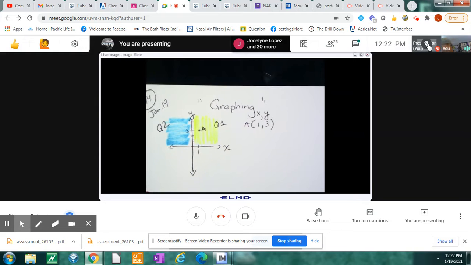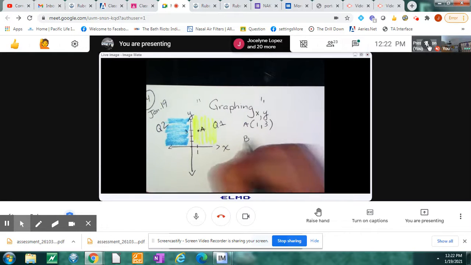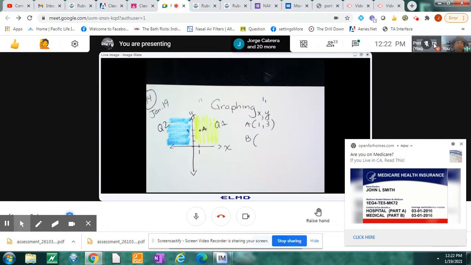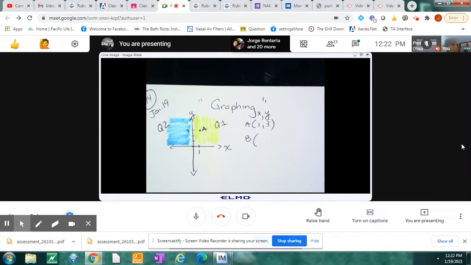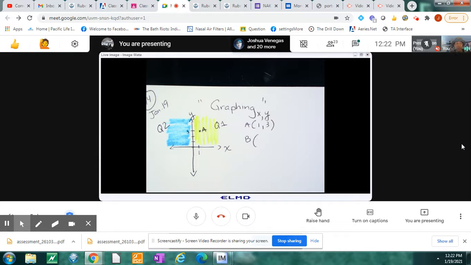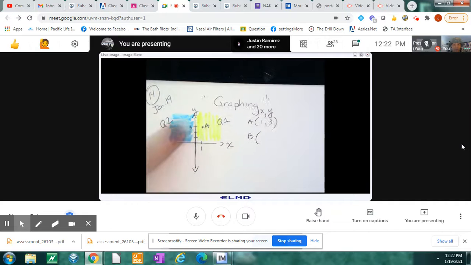So we'll do B. Since the X is always the first number, it's either going to go right or left. We want to be in the blue section, so we go left. Right is positive, left is negative. In order to get to the blue, I need a negative.